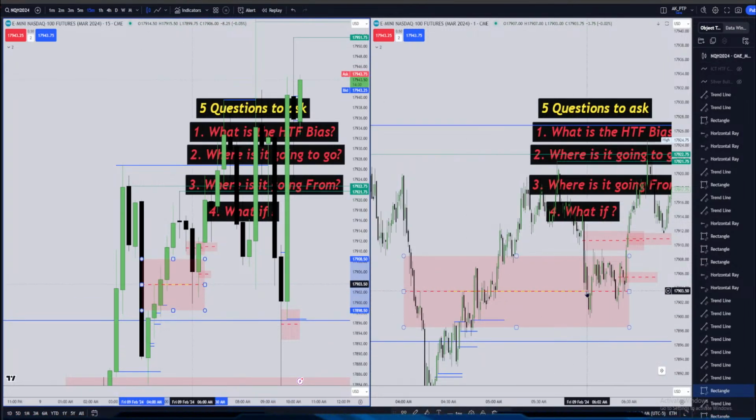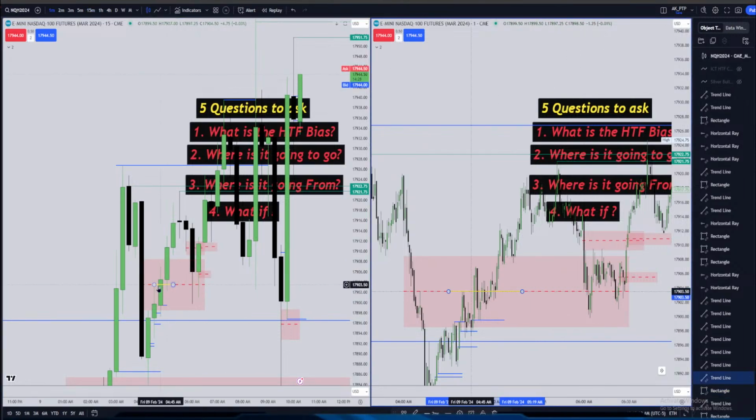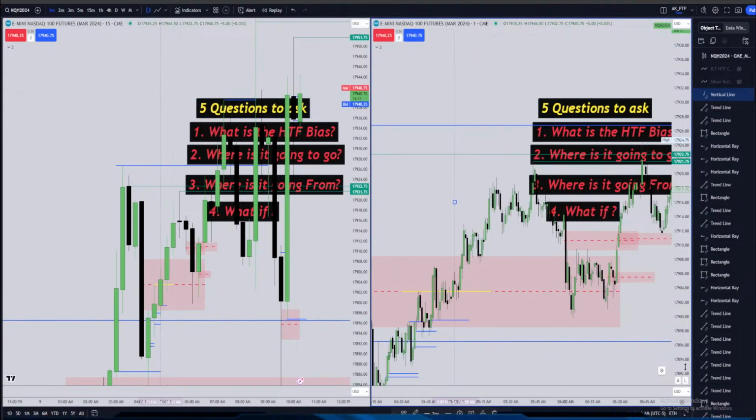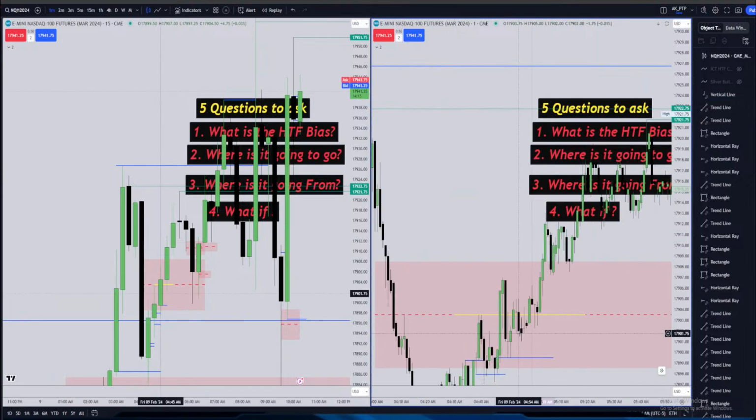All I was looking into is, by the time this candle closed, which happened, this is a 15 minute candle, right? Exactly on this candle, this is where the 15 minute candle closed, 4:49. This candle opened here, closed here.